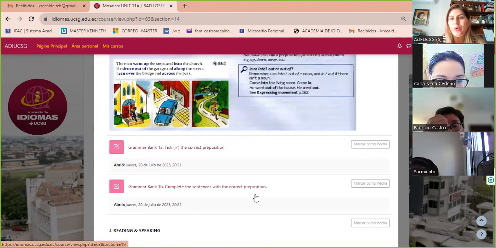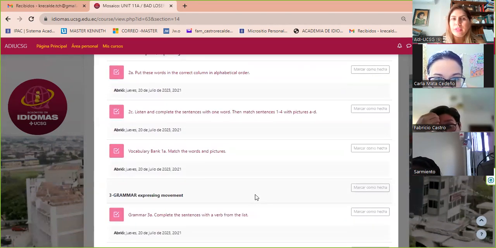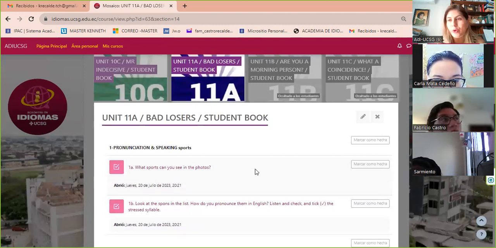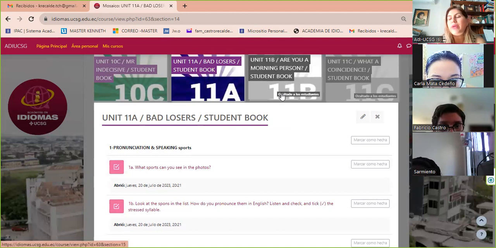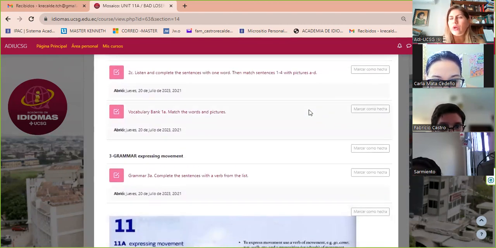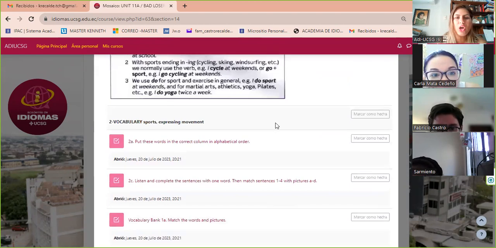So today we're going to see unit 11A. We're going to go slow and continue with 11B, kind of. Then next week we will continue with these 2 units, and in January, I think we're going to finish the other ones, because in January we only have like 2 more weeks and then we are over. Okay, let's go, everyone.